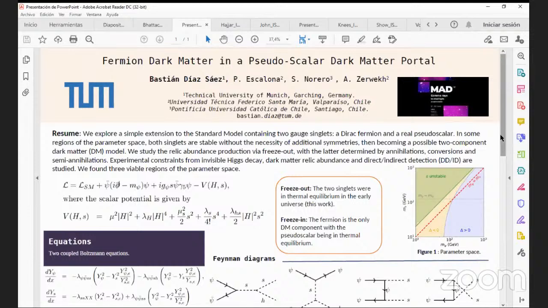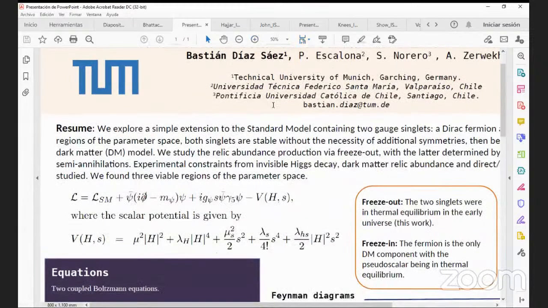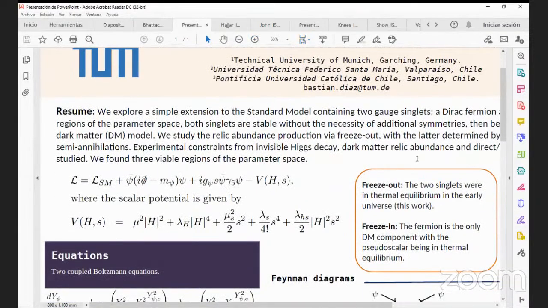We also impose some constraints on the results. As you can see, here is the Lagrangian. Very simple. The third term on the right side is the interaction between the 2 singlets, the fermion and the pseudoscalar. And you can also construct at the renormalizable level the potential between the Higgs and the pseudoscalar.